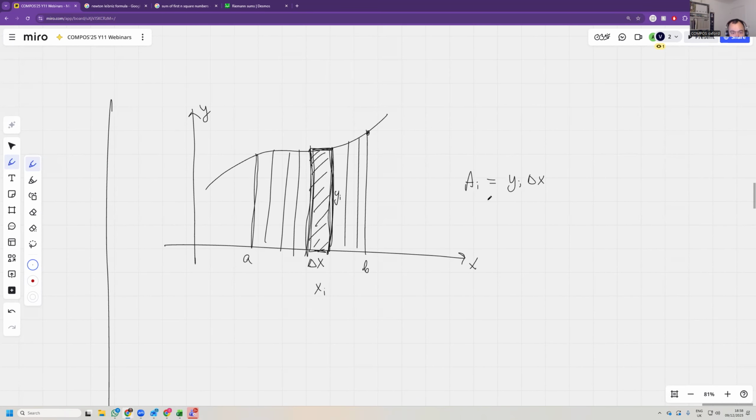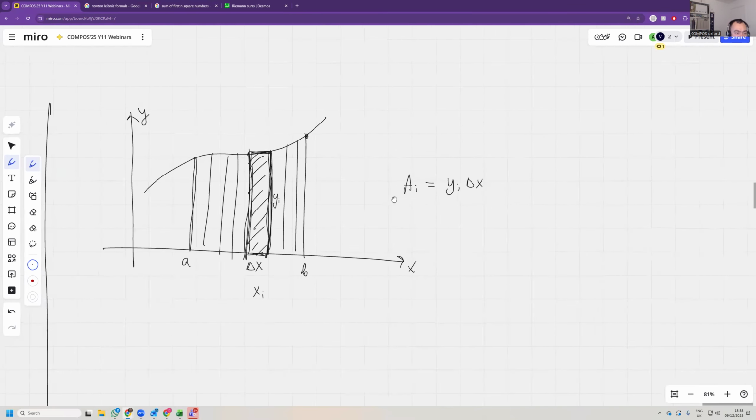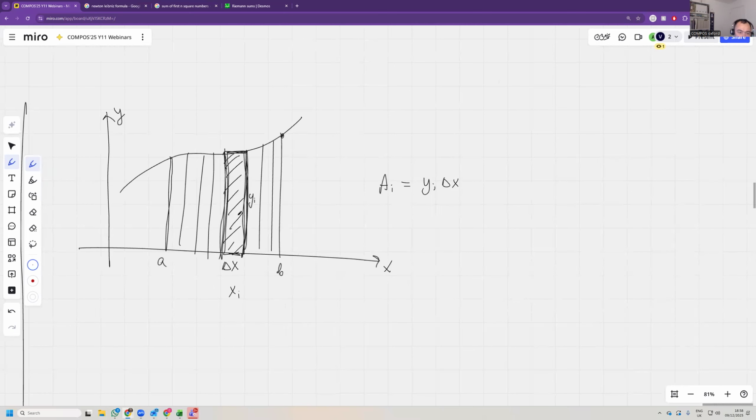But the whole area is made of n such strips. So the total area is the sum of yi delta x.